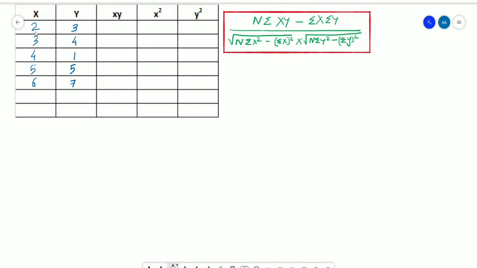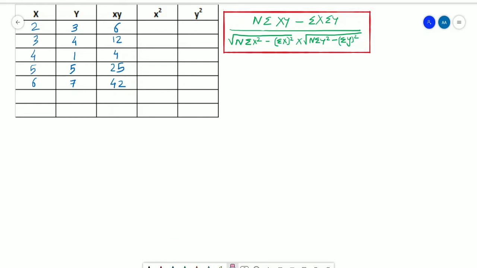So 2 multiplied by 3 will give you 6, 3 multiplied by 4 will give you 12, 4 multiplied by 1 will give you 4, 5 multiplied by 5 will give you 25, 6 multiplied by 7 will give you 42. So we have calculated the values of x multiplied by y.